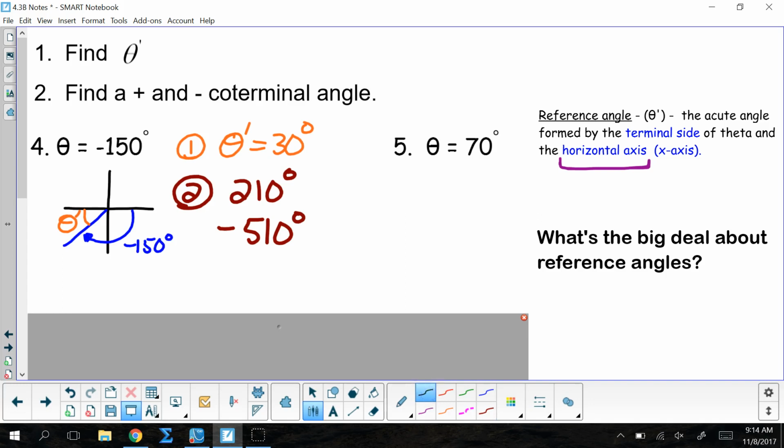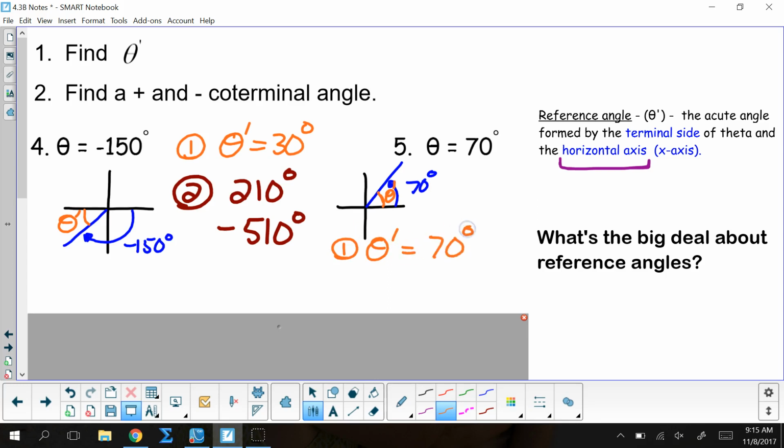Number 2, or really it's number 5, but I'm going to call it number 2. Okay? So a 70-degree angle is up here. Because it's in quadrant number 1, it's its own reference angle. So my reference angle here is 70 degrees.